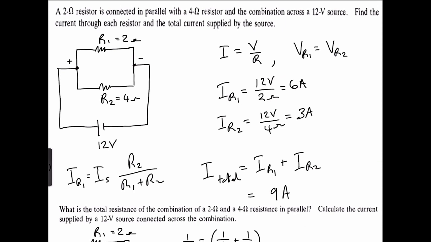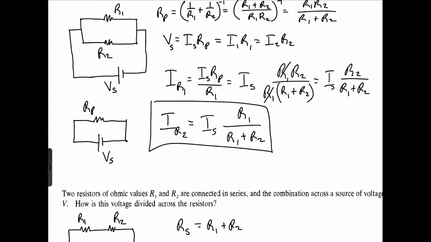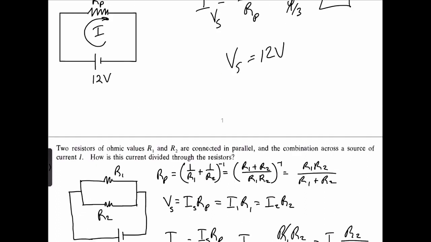And that we could use to find the current through R1. However, notice that we did not use the voltage source. If we go back here and look, this equation allows us to find the current when we do not know what the voltage source is, but we know the current coming from the voltage source.